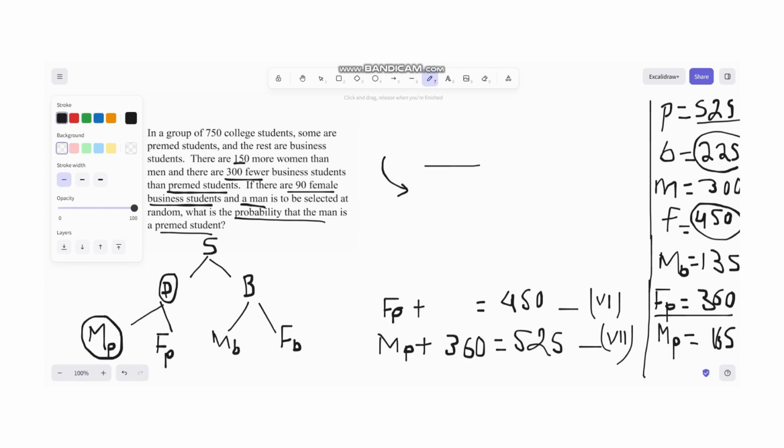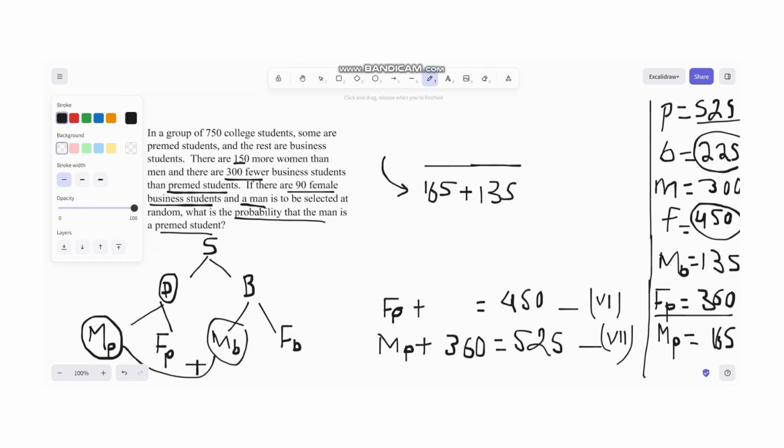That means total number of men, which is number of male prim students plus number of male business students. That is, this represents total number of male population, which is MP plus MB. MP is 165, MB is 135. This is in our denominator.